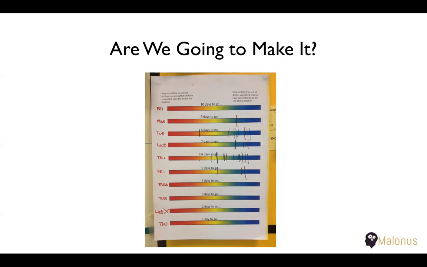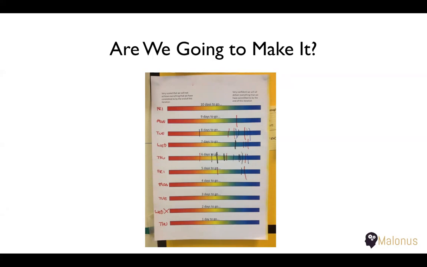What is going on, and what is the problem because of which people are going towards the red zone? And then the team has a discussion. What are the impediments? And if there are impediments, how can we fix them? And after fixing the impediments, it looks like we are again going back towards the blue track.